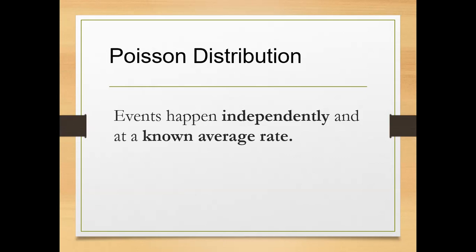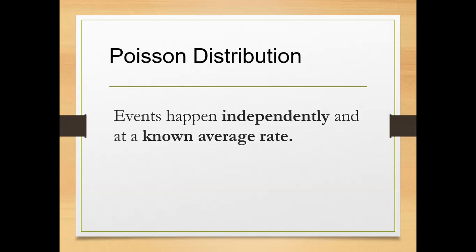In a Poisson distribution, events are happening independently. For instance, I'm sitting at an intersection watching cars go by, as a traffic engineer, and I want to know how many cars are going to pass me as I sit on this street corner over the period of one day.